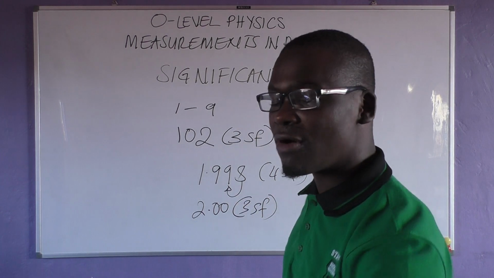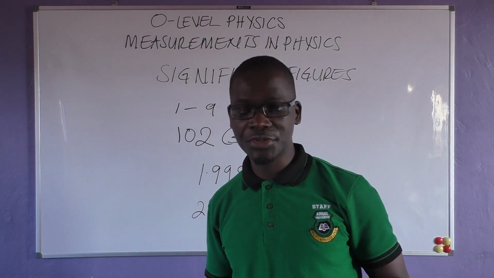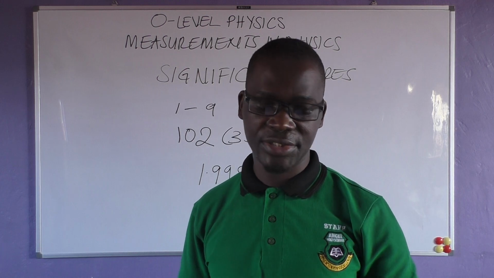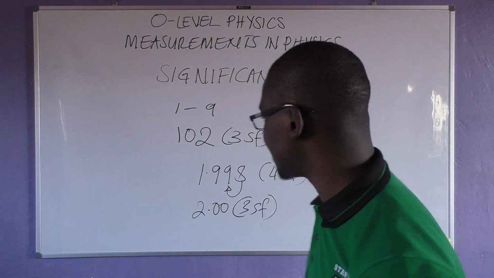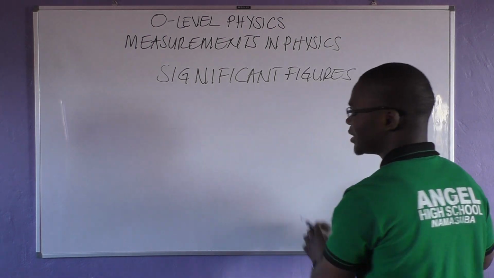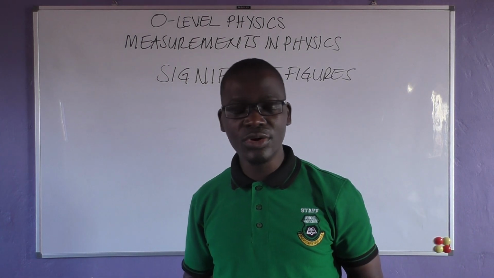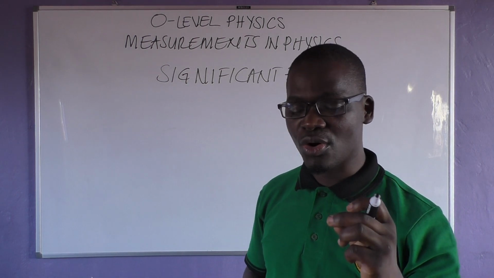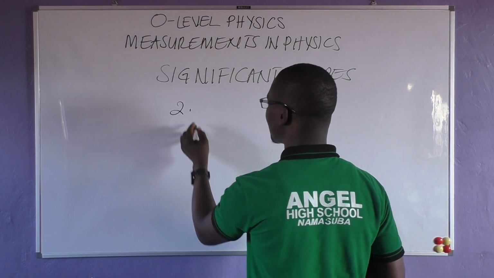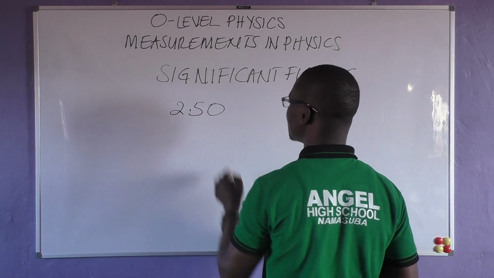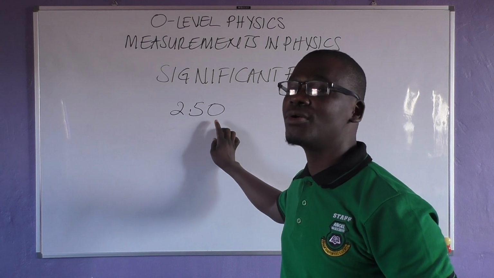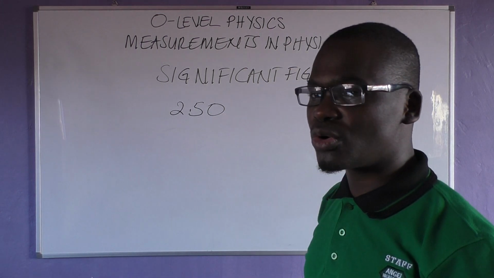Then to continue to our fourth rule, it's where we shall consider the zeros that do not set decimal points. Those ones are not significant. Such zeros that do not set decimal places include, for instance, 2.50. This zero is not significant because it does not set the decimal place.